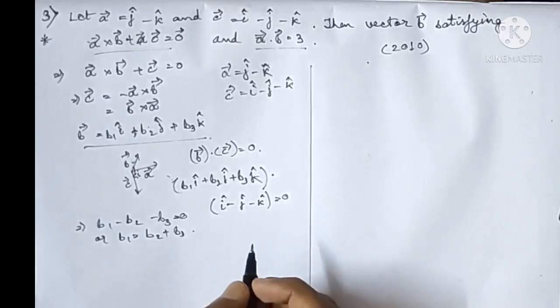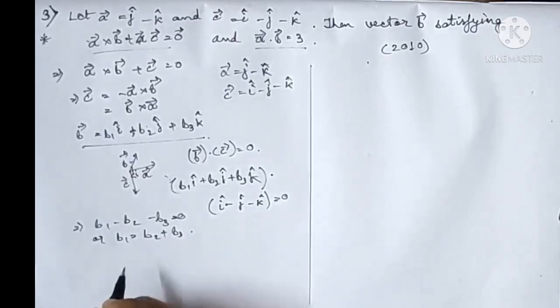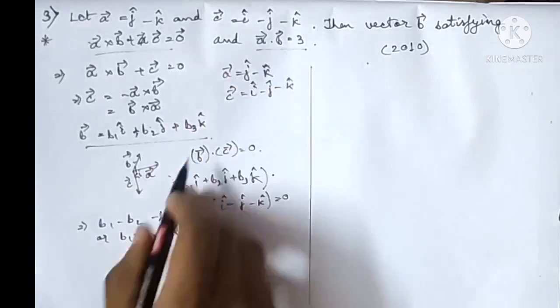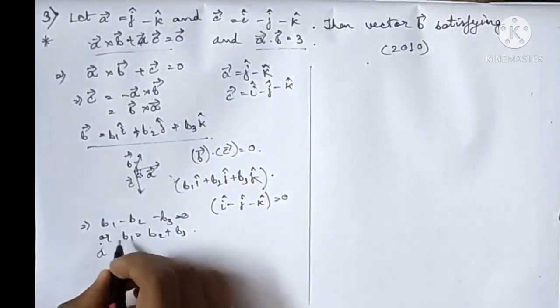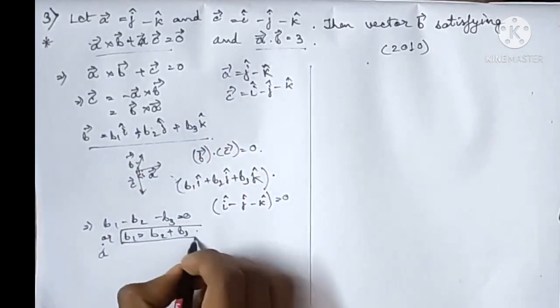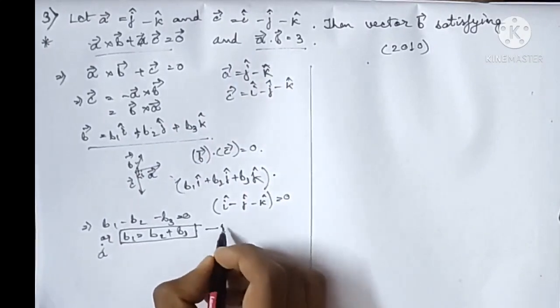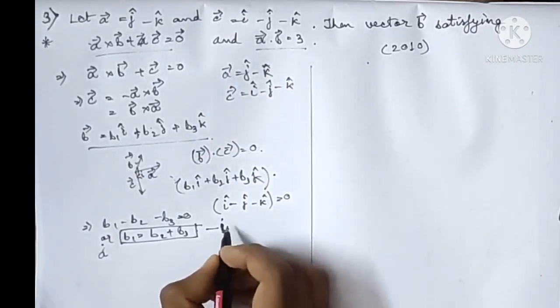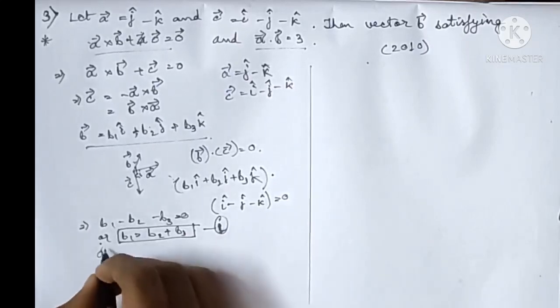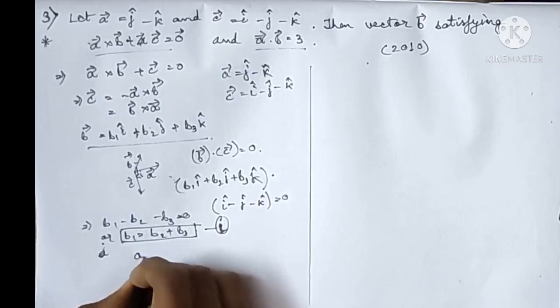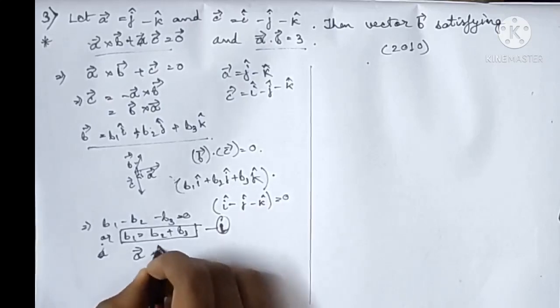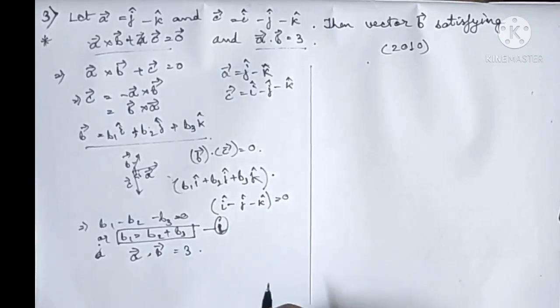Okay, now it is also given that, see, this is one of our outputs. We are stating it as one, sorry, this one, Roman one. Now we also have, suppose, a dot b is equal to 3.